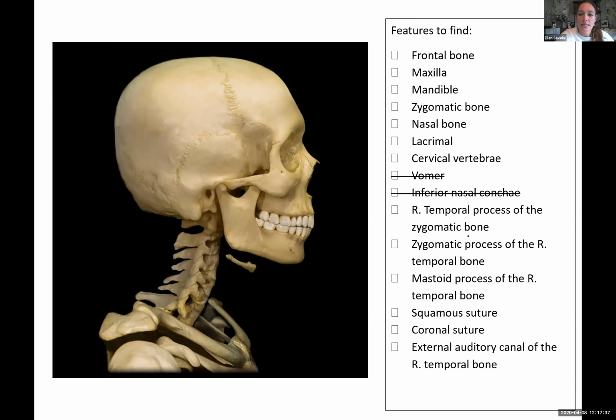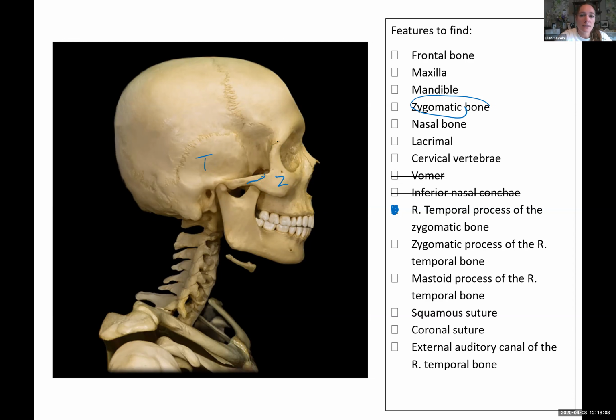Our right temporal process of the zygomatic bone, I'm going to color this in blue. So if we have our zygomatic bone, I'm going to outline it. Oh, before I do that, I'm going to show you, see, there's a little crack. I don't know if you can really see it very well on your screen, but there's a little line, and this line is the end of the zygomatic bone and the start of our temporal bone over here.